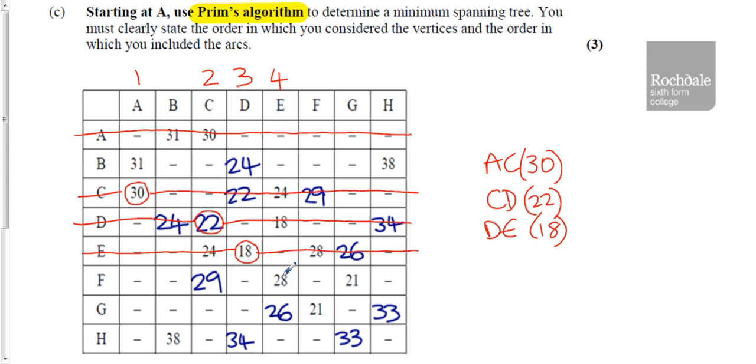The smallest number that hasn't been crossed out from all the numbered columns is the next one I will select. So my choices are 31 or 29 or 24, 34, 26, 28. So 24 is the smallest of those numbers, and that's the edge BD.